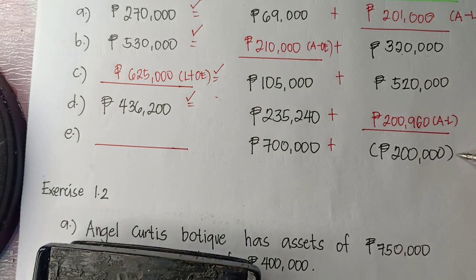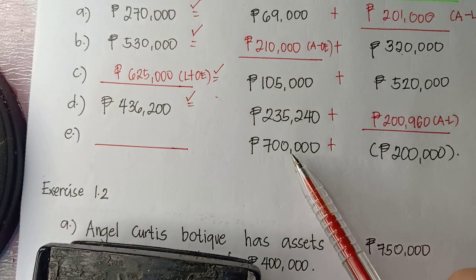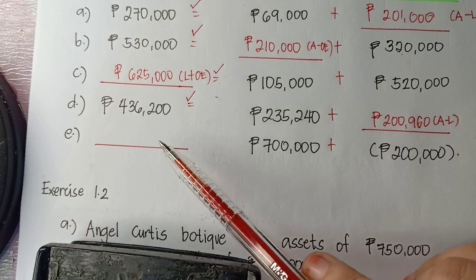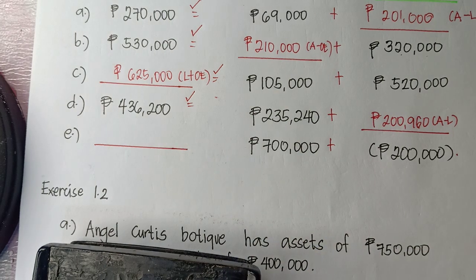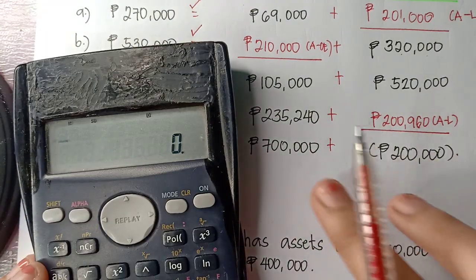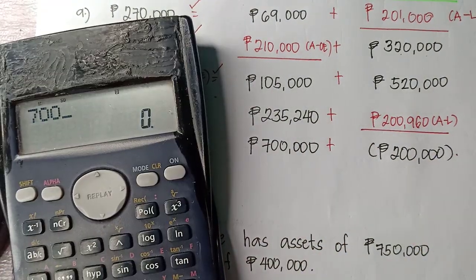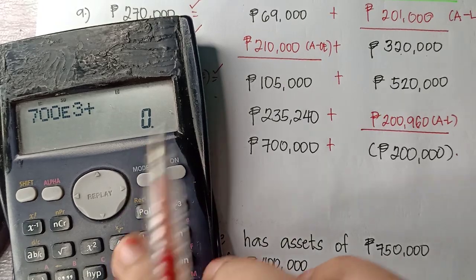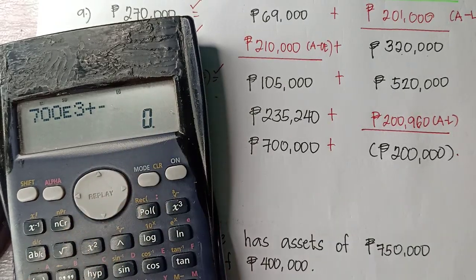If we see an open and closed parenthesis, it means negative. So here, the liabilities is larger than the assets. Did you get it? We have to add the 700,000 plus, do not forget the negative sign, 200,000.